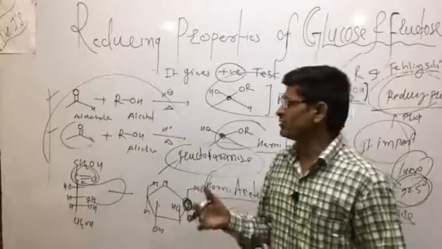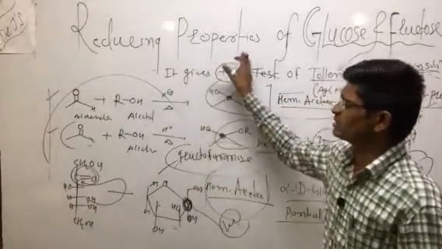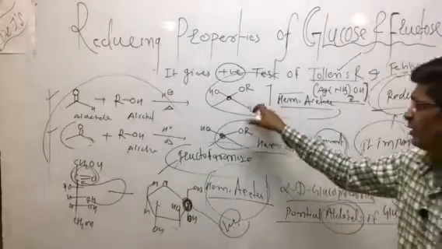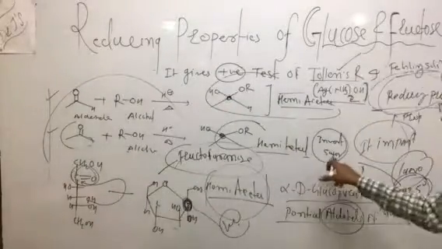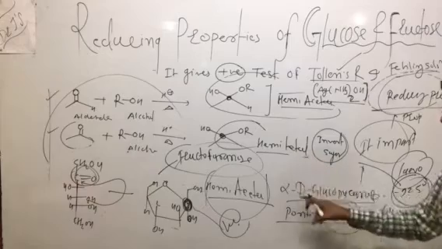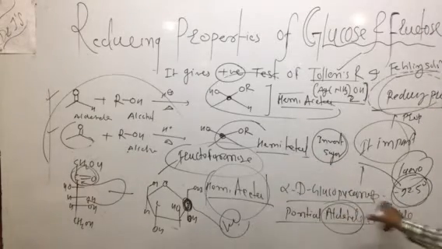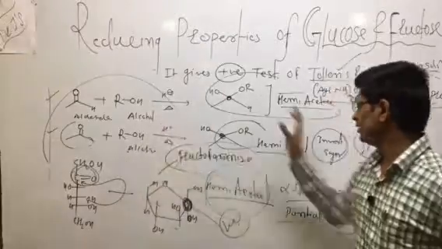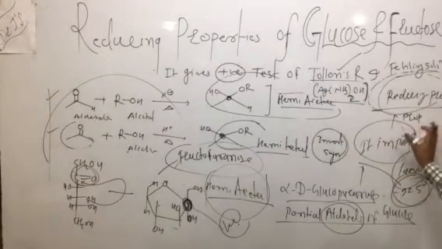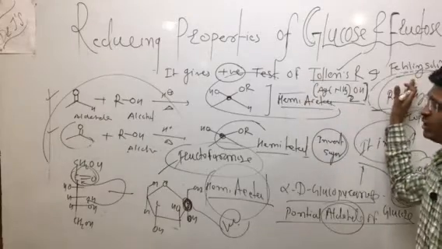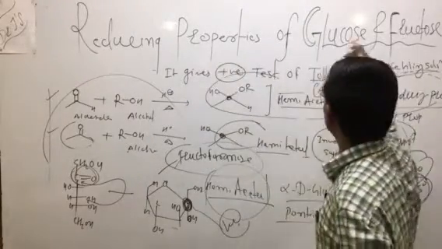At one time, as you can say, we discuss the reducing properties of the aldehyde. Why? Because this is the hemiacetal group of alpha D glucopyranose, which is a potentially aldehyde of this glucose molecule, and thus it imparts the reducing property, and it gives a positive test with Tollens reagent and Fehling's solution, thus the reducing properties of the glucose molecule.